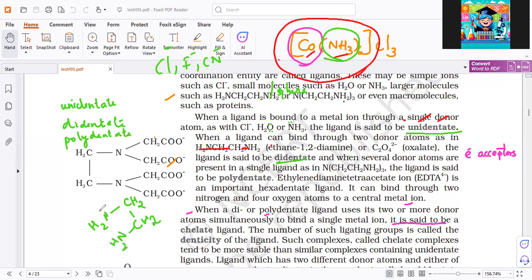It can form a bond with the metal atom via these two nitrogens, so these are known as didentate ligands. Oxalate is also the same. What is the structure of oxalate? The oxalate structure is like this: COO minus, COO minus. In oxalate, these two oxygens can bond with the metal.